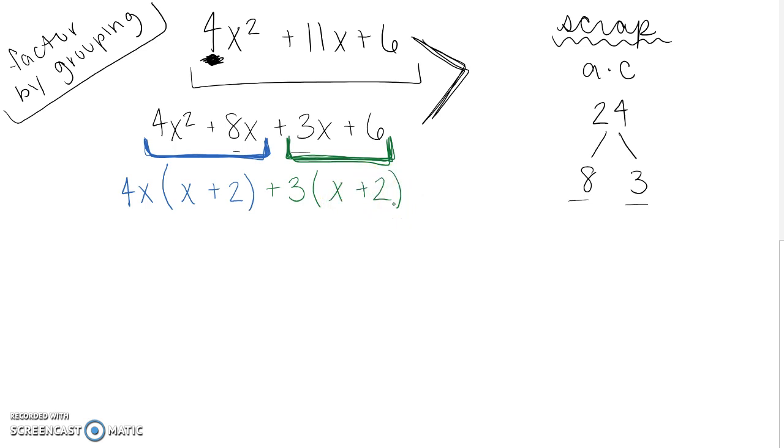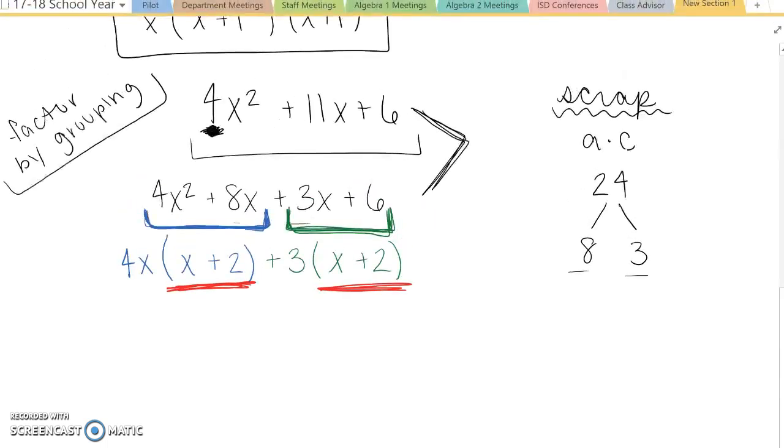Okay? Now, we've separated into groups and we've factored. Now what you'll notice, hopefully, is that we have an x plus 2 and an x plus 2. This should always happen during factor by grouping unless it is not factorable.